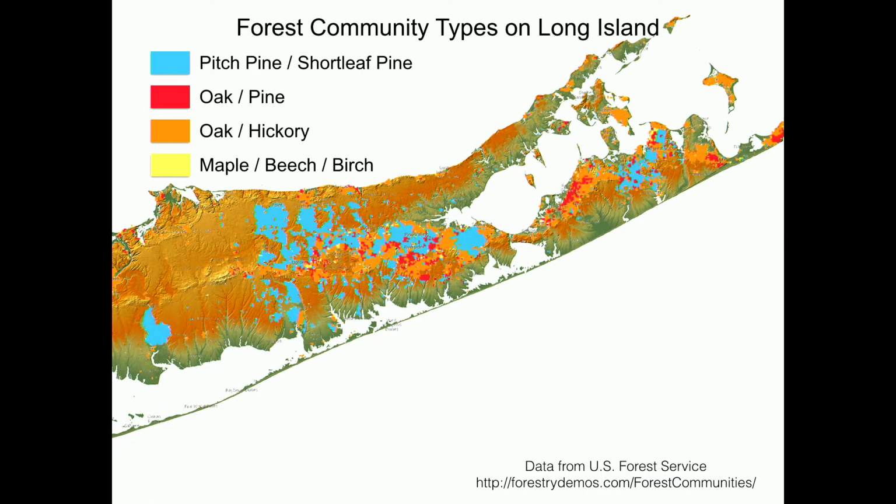And the one thing I just want to point out is that there's a mosaic of different communities occupying the moraine, because there's a mosaic of different sediment types. You can have glacial till in one area, and then adjacent to it you can have glacial outwash. So it's a very patchy substrate associated with these glacial moraine deposits.